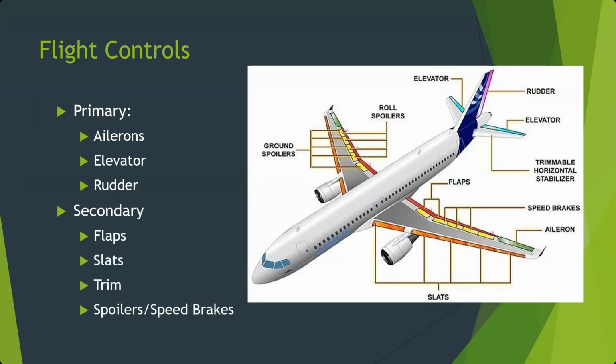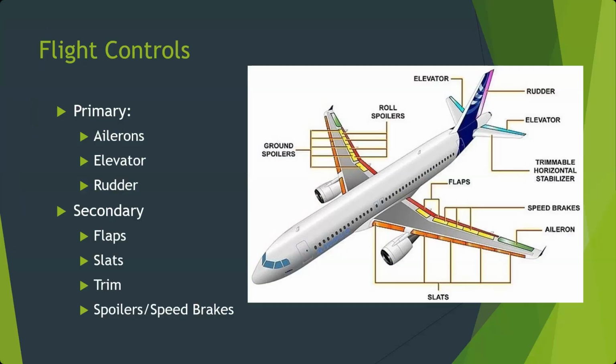They get their name from spoiling lift: they pop up in order to disrupt the airflow over the top of the wing, decreasing lift on landing.